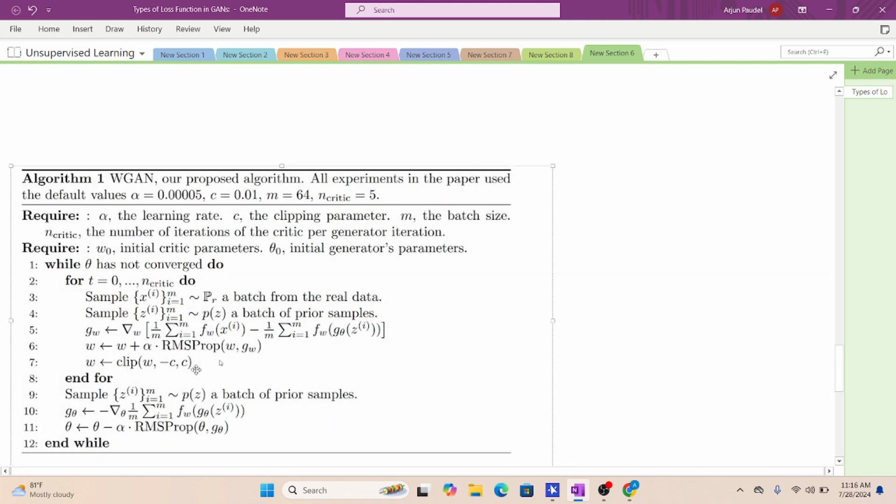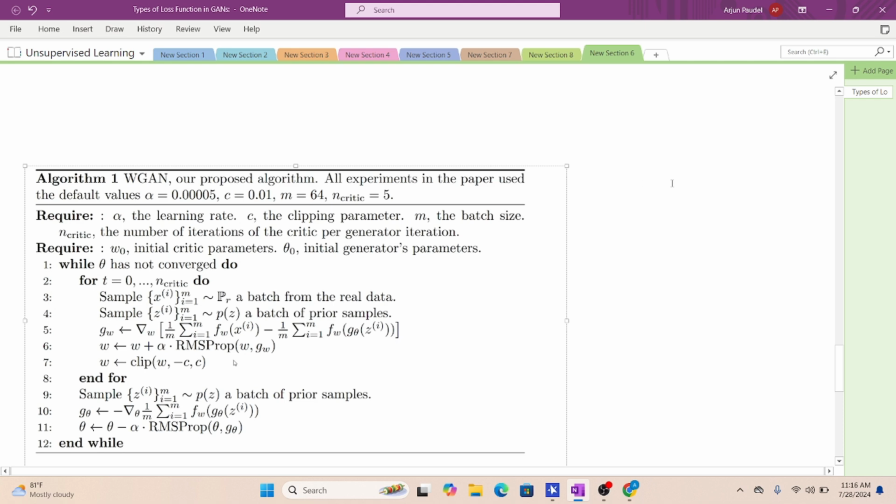Instead of gradient penalties. Let's understand this algorithm, because it helps us better understand our lesson. These are the parameters: alpha is the learning rate, c is the clipping parameter, which is 0.01 or 0.001, and m is the batch size, and n_critic is the number of iterations for the discriminator to train.